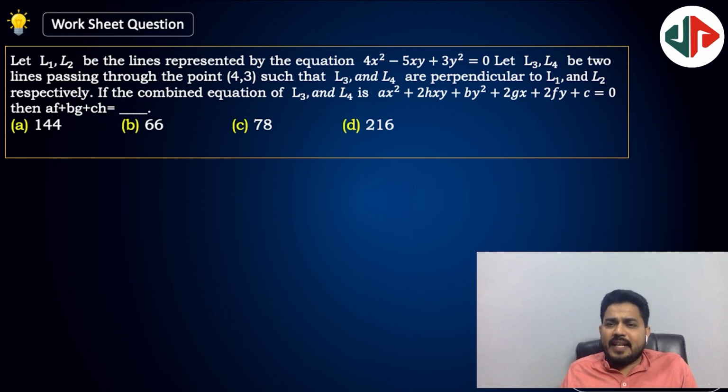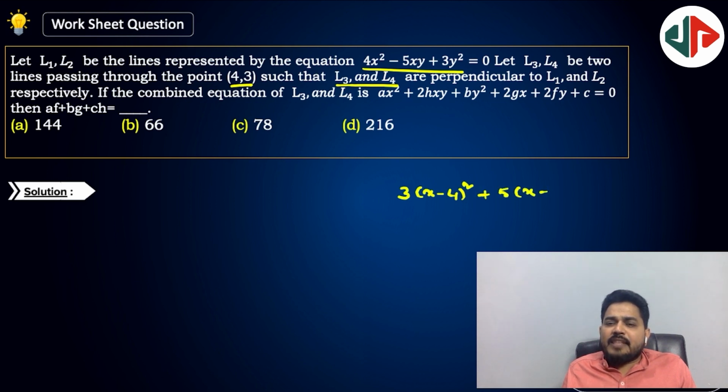L3, L4 are a pair of lines perpendicular to this one and passing through this point. So simply we write this equation as 3 times x minus 4 whole square plus 5 times x minus 4 into y minus 3 plus 4 times y minus 3 whole square is equal to 0.